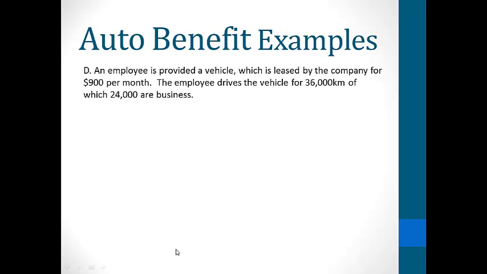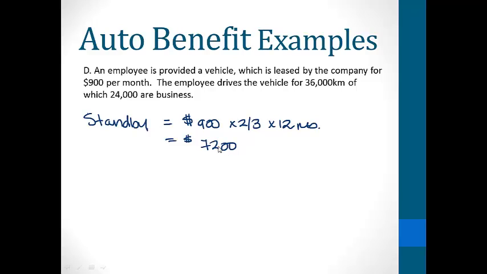In this example, we have an employee who is provided a vehicle which is leased by the company for $900 a month, and we're again not told how many months the employee has the vehicle for. So we're going to assume that the employee has the vehicle for 12 months, and so our standby charge is going to be 900 times 2/3 times 12 months in the year, which is $7,200.